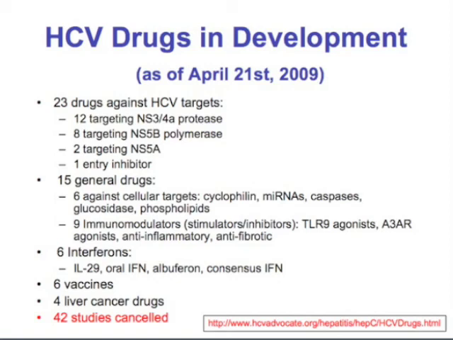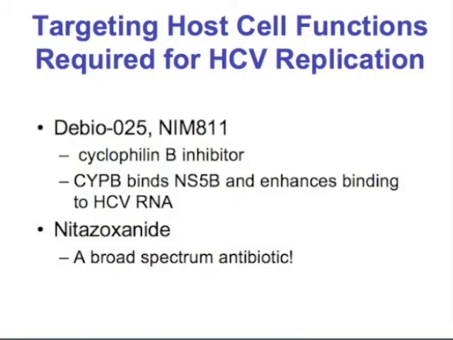And so I just wanted to talk a little bit about, so we talked about the virus life cycle, and because there's a dependence on cellular proteins for virus replication, there's a good argument that you could go after cell-based inhibitors. And as I mentioned with the cyclophilin B story, there's a couple of drugs in clinical trials to block cyclophilin B. And these are analogs of cyclosporin that don't have the immunosuppressive properties.